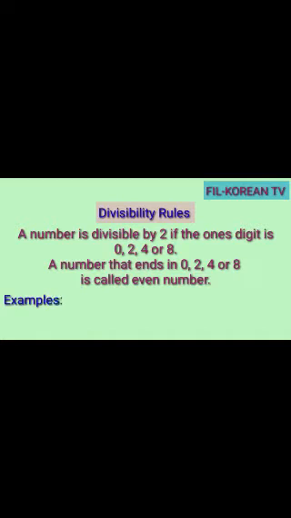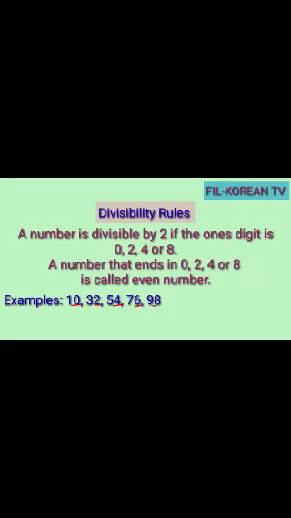Examples: 10, 32, 54, 76, 98. Lahat ng numbers na ito ay even numbers. Tingnan ninyo yung nasa ones place na digit o na numero. Ang 10, ang nasa ones place niya na digit ay 0.